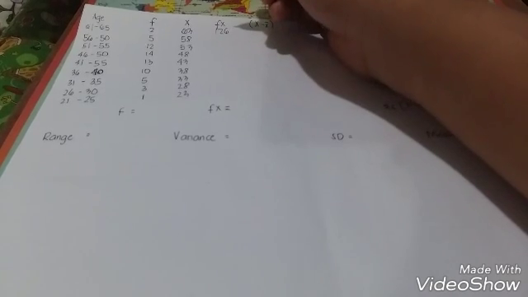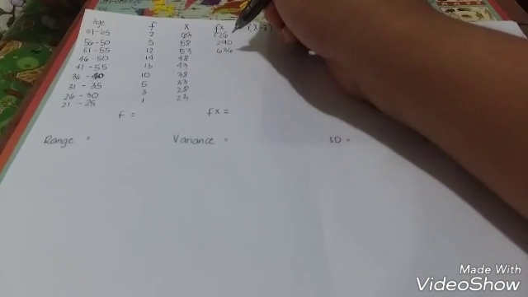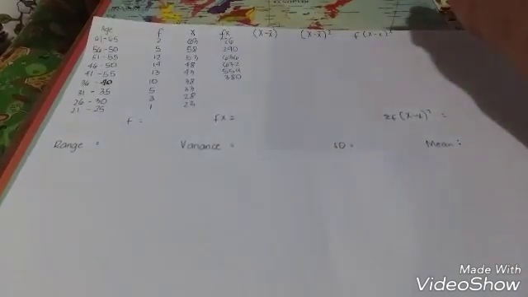So 63 times 2 is 126. 58 times 5 is 290. 53 times 12 is 636. 14 times 48 is 672. 43 times 13 is 559. 38 times 10 is 380. 33 times 5 is 165. 28 times 3 is 84. 23 times 1 is 23.